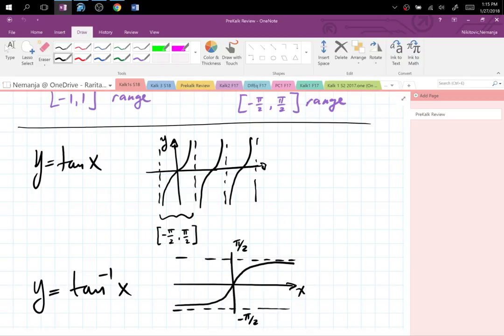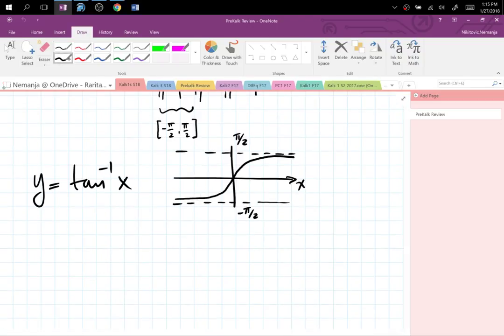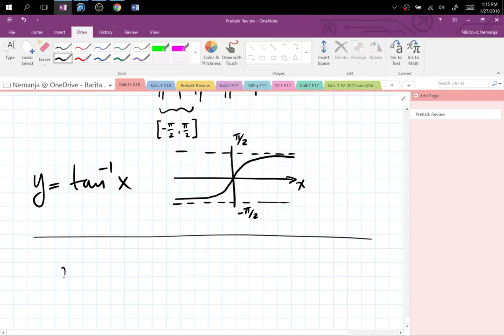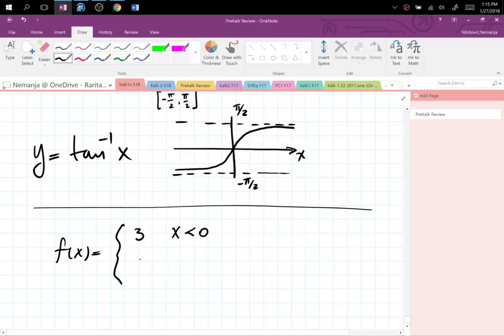So a good example of a piecewise function, let's say, would be f of x is equal to, let's say, 3 for all x's less than 0. Then x squared for all x's in between 0 and 2. And then negative x for all x's larger than 2.